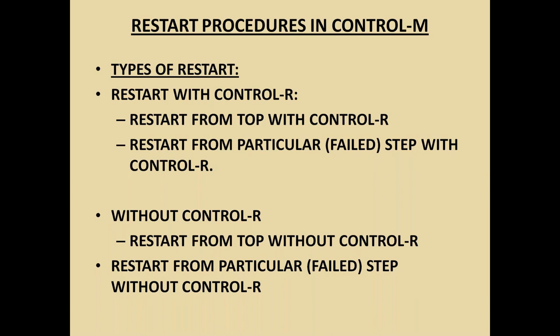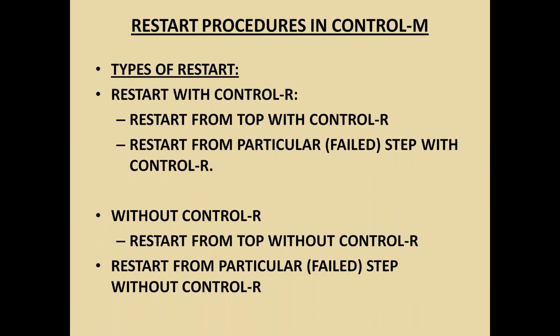Submitting the job again is nothing but rerunning the job, that is, restarting the job from your step 1. Then the application team may tell you to restart a job from a particular step. Suppose at step 10 they have done some JCL modifications. Now they want you to restart that job from a particular step. Even that we can do in Control R.